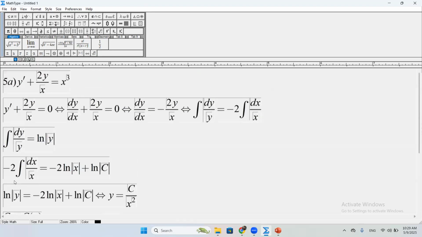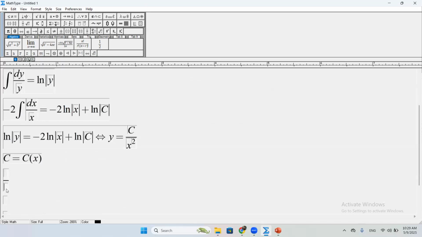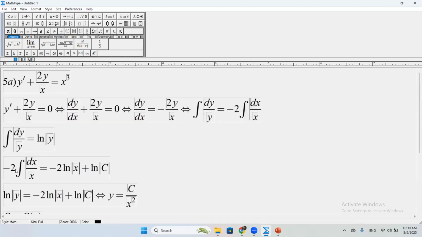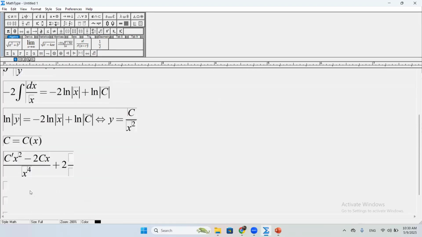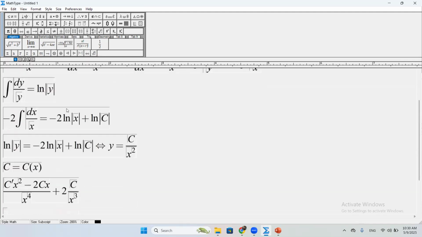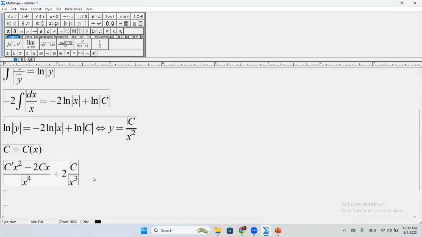For the left part, y prime will be equal, moving x to the power of 4 in the denominator, to c prime x square minus 2cx, plus 2c over x cube. So y over x, so c over x cube, equals x cube.